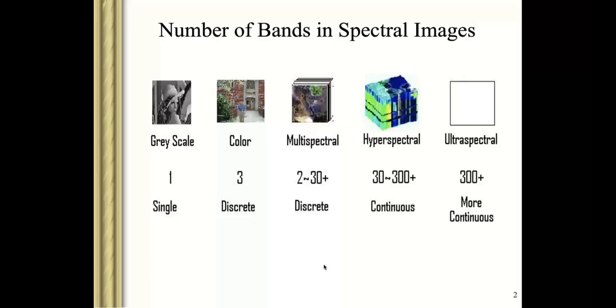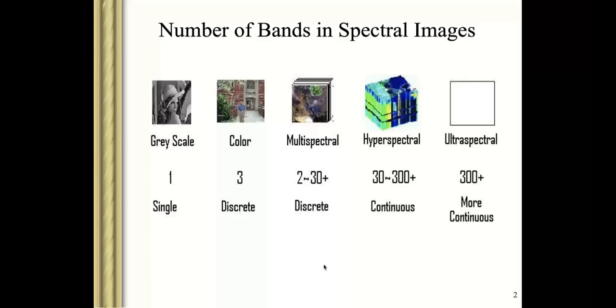Then further advancement happened. We got Landsat sensors and some other sensors. That is multispectral. Multispectral means we have more than three bands in those satellites or sensors. Like in Landsat, we have RGB and then we have NIR.